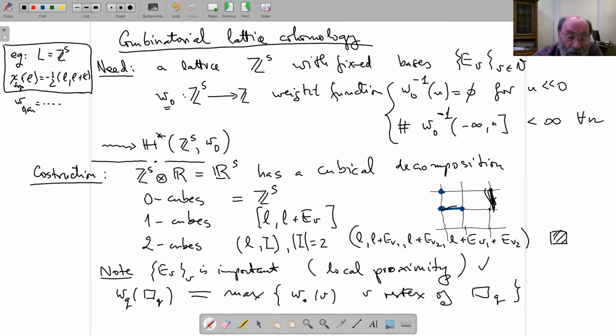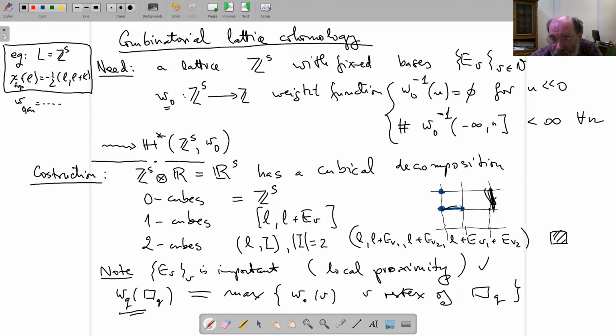Now we also define the weights of arbitrary cubes: the weight of a cube is the maximum of the weights of its vertices. So for example, the weight of a vertex is just the weight of the vertex.